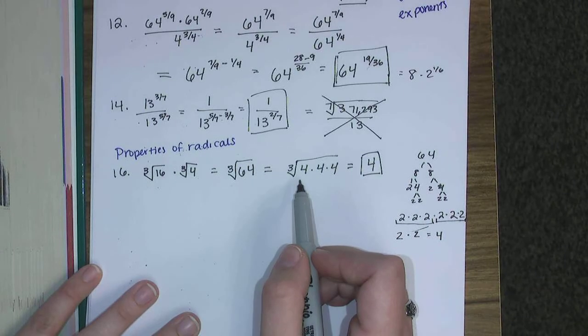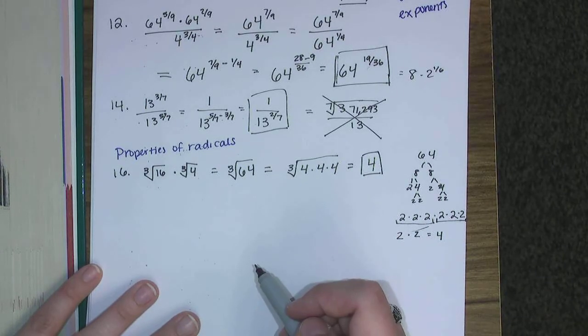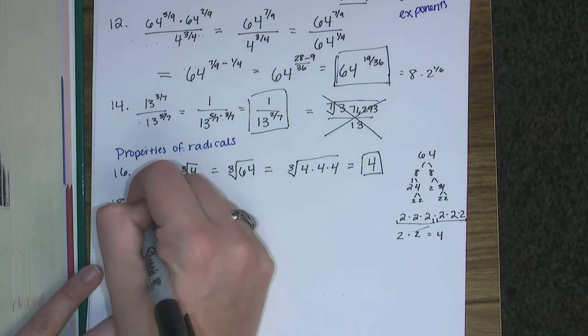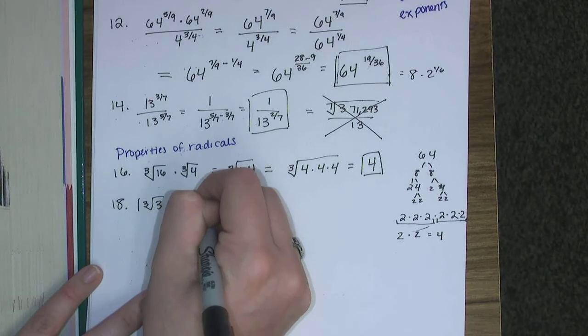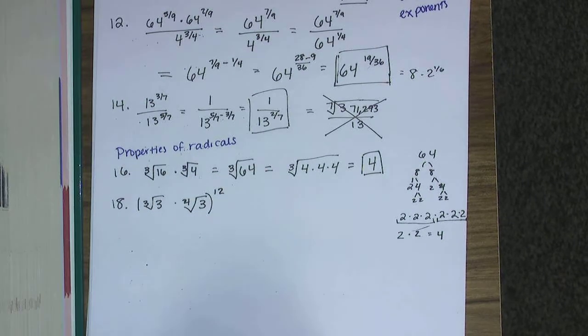Let's see, with 18, we have the cube root of 3 times the fourth root of 3, all raised to the 12th. I would rewrite these in terms of fractions. So this is 3 to the 1/3 times 3 to the 1/4, all raised to the 12th.